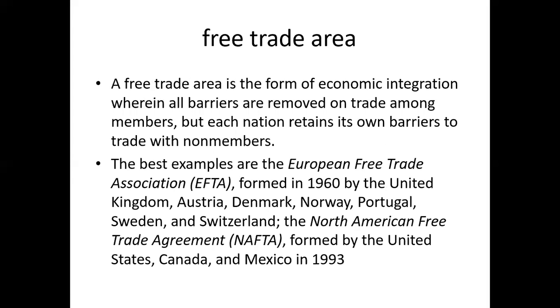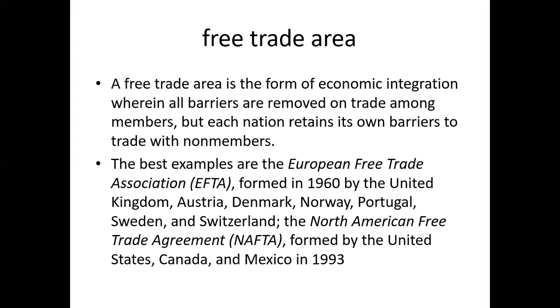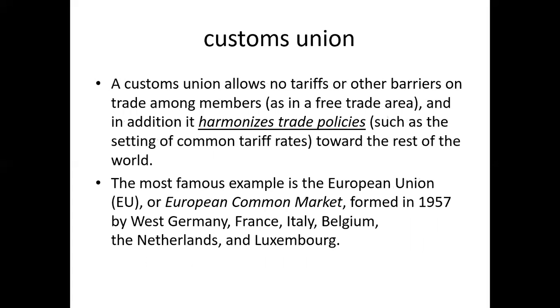When it comes to a free trade area, the tariffs are not only lowered, they are removed. No tariff policies, no non-tariff policies. And now customs union. Here, in addition to what we have seen in free trade area, common trade policies will be adopted by the member nations towards the rest of the world.